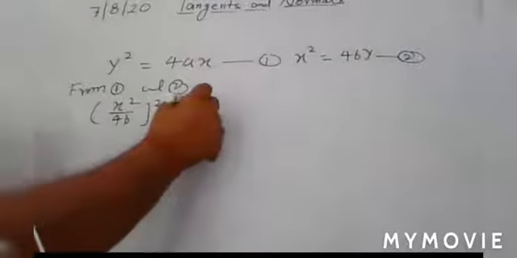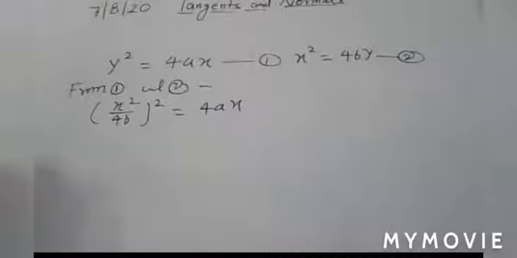So from 1 and 2, here your value of y is x square upon 4b. So you write x square upon 4b whole square is equal to 4ax. You can write it in this way.